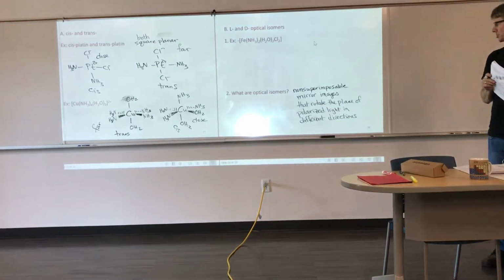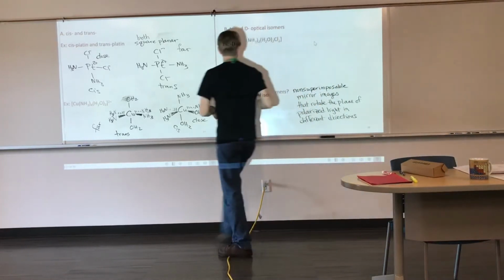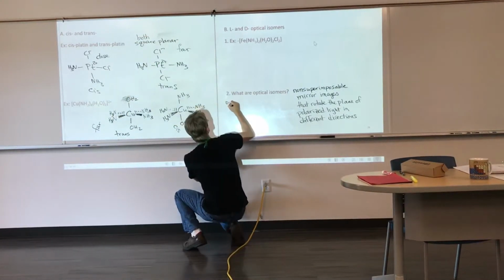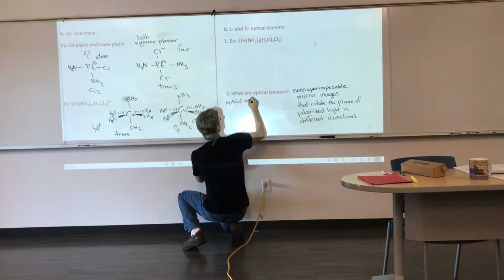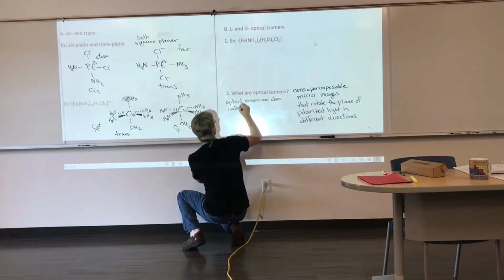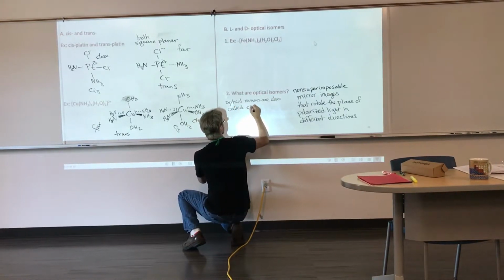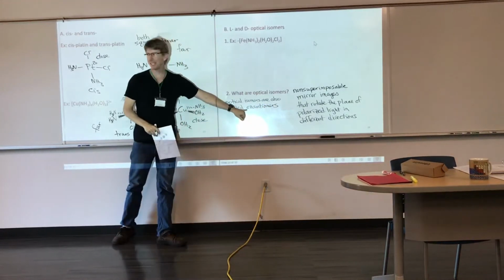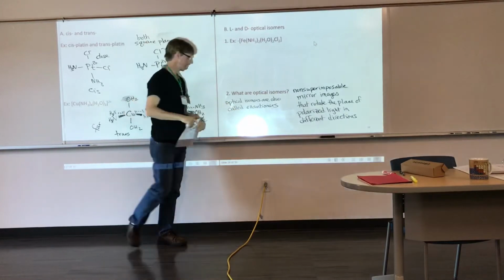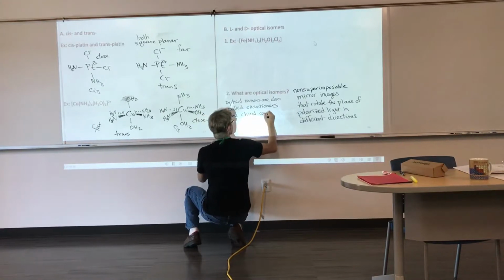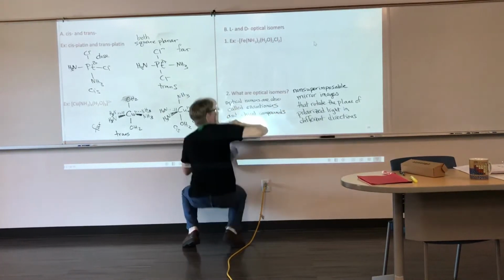Optical isomers are also called enantiomers, that's an E at the beginning of that. And chiral compounds.